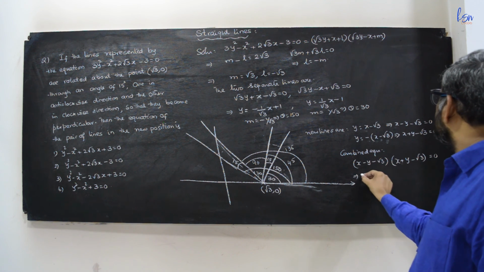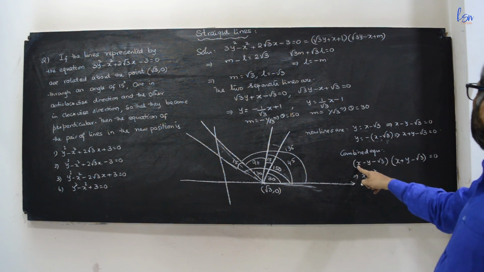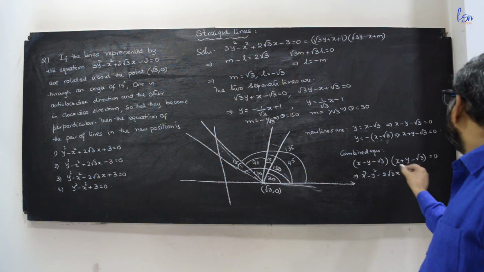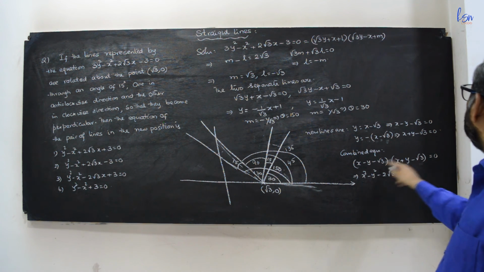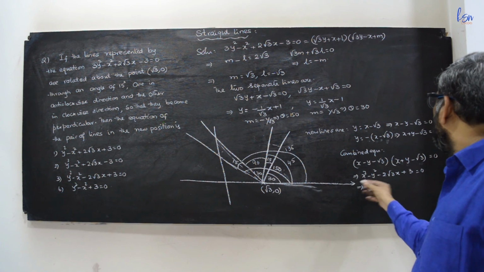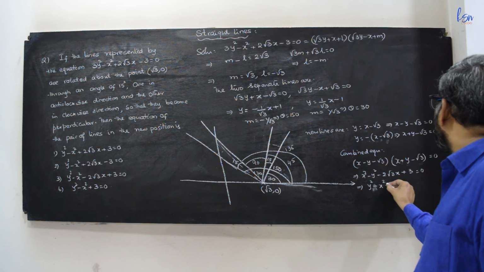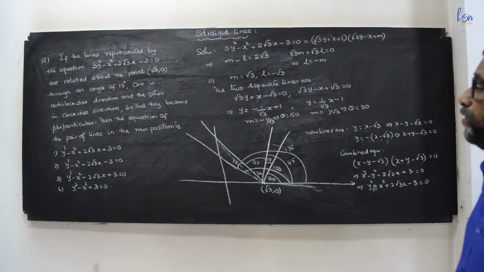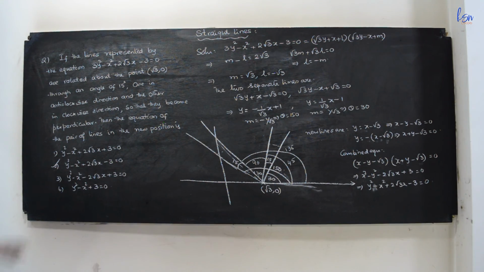Now this is x square minus y square, minus root 3x minus root 3x, that is minus 2 root 3x. Next, this is plus root 3y, this is minus root 3y, they cancel. This is plus 3 is equal to 0. Now all are expressed as y square minus x square plus 2 root 3x minus 3 is equal to 0. So y square minus x square plus 2 root 3x minus 3 equal to 0 is the answer. So the second option.